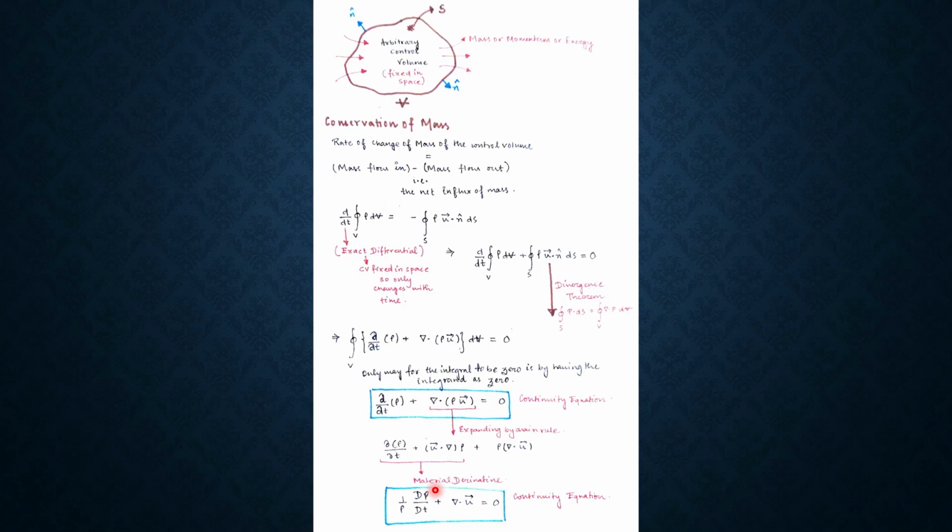And hence we obtain the continuity equation in its differential form over here: 1 by rho, capital D rho by Dt, that is the material derivative, plus divergence of u equals 0. This relation would be useful later while we are analyzing the momentum conservation equation.